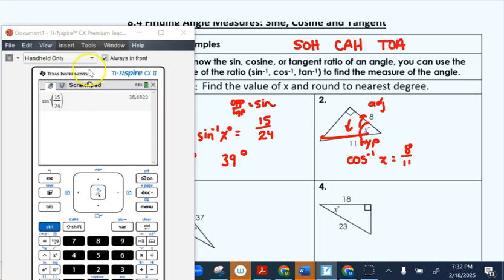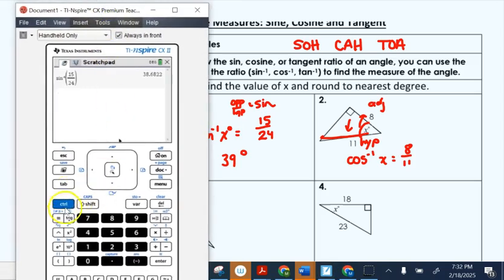So let's try that one. Trig, inverse of cosine, 8 divided by 11. And we're getting 43 degrees as the nearest degree. So the measure of the angle is 43 degrees.